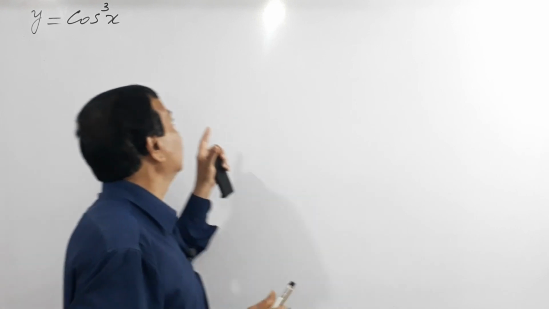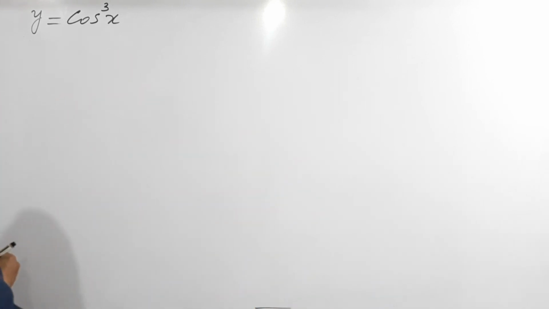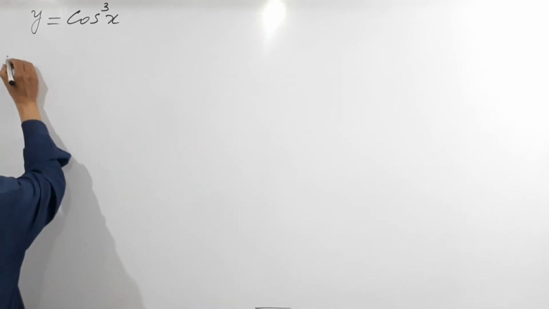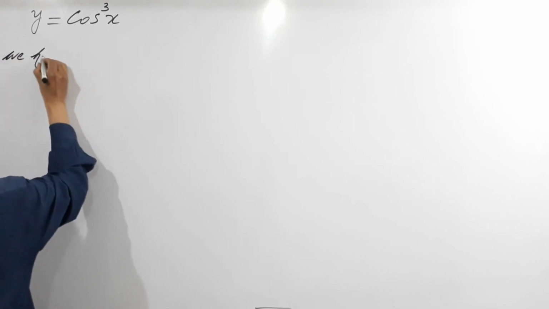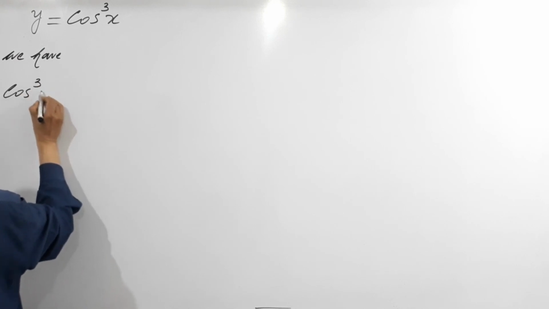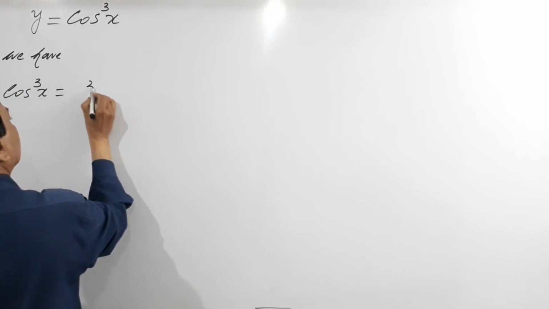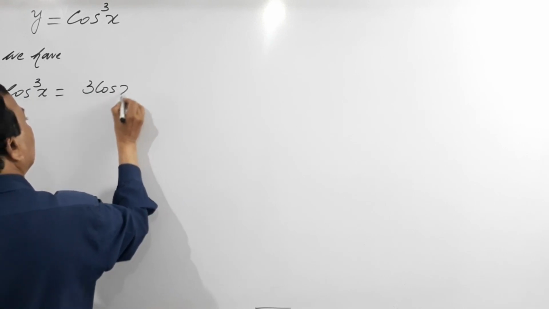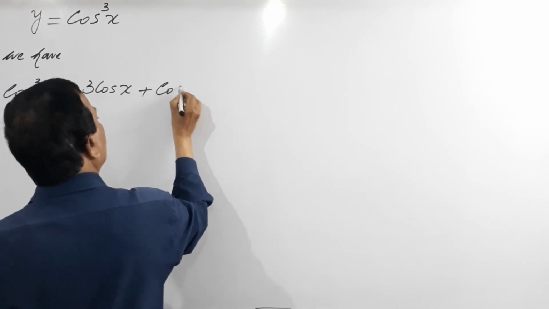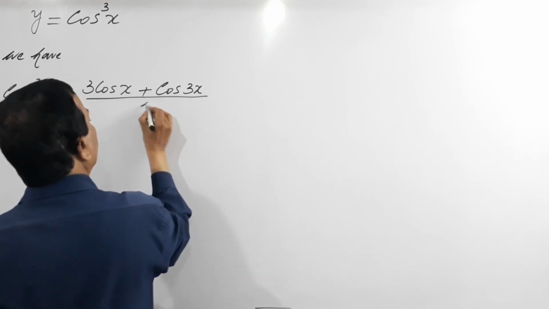Now convert this into a relevant trigonometric formula. That is the sum rule. How to do the sum or difference? We have cos cube x equals 3 cos x plus cos 3x by 4.